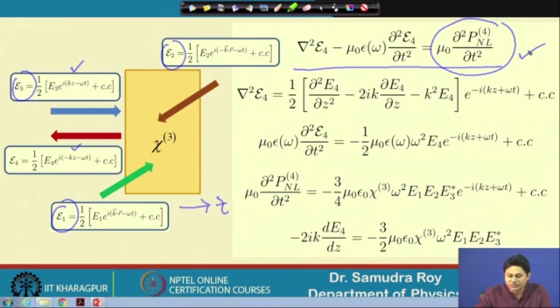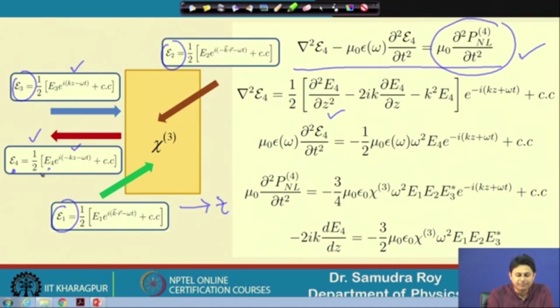So, this is a source term, and for E4 we know already it is written here what should be the form. Now, if I try to find out the grad square value of E4, this is the same old equation that we are using, the second order derivative of E4, where E is the amplitude. Mind it, E4 is the total electric field that is moving in the opposite direction.